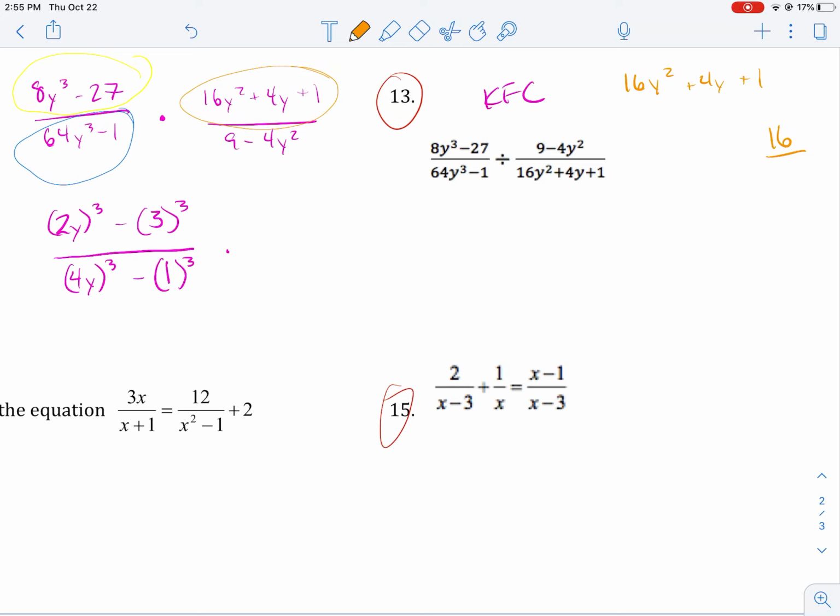So we got 4 and 4, 8 and 2, 16 and 1. Uh-oh. I'm not seeing any factors of 16 that can add up to a positive 4. So we're going to leave that expression right there.